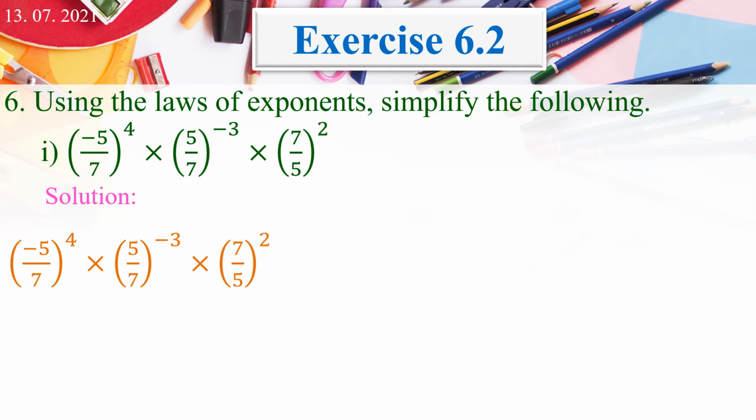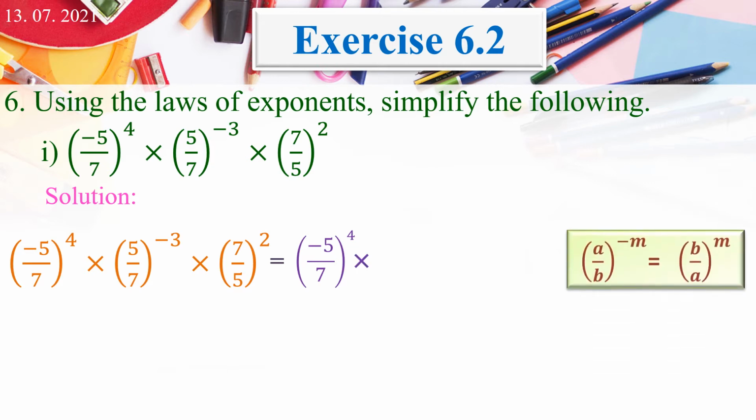So let us take 5 by 7 whole power minus 3 as a negative exponent and let us convert it into positive by finding the reciprocal of the fraction. So the sum becomes minus 5 by 7 whole power 4 into, using the law, a by b whole power minus m is equal to b by a whole power m.